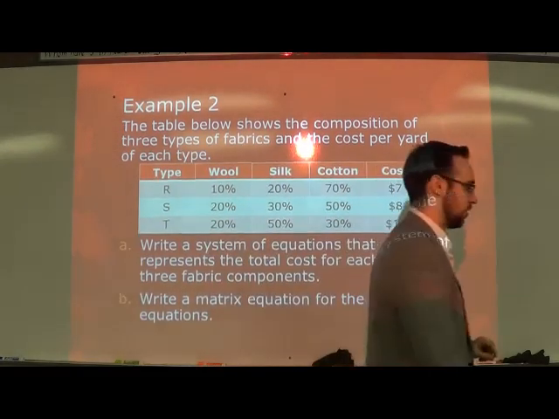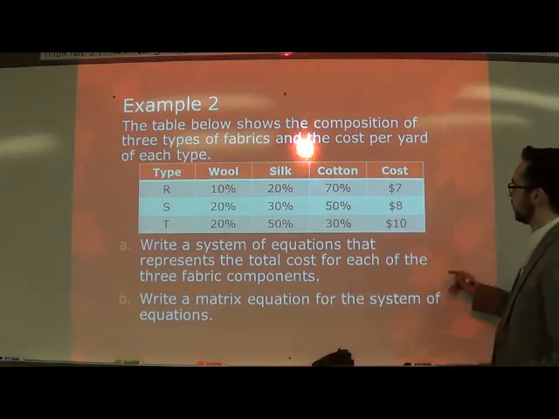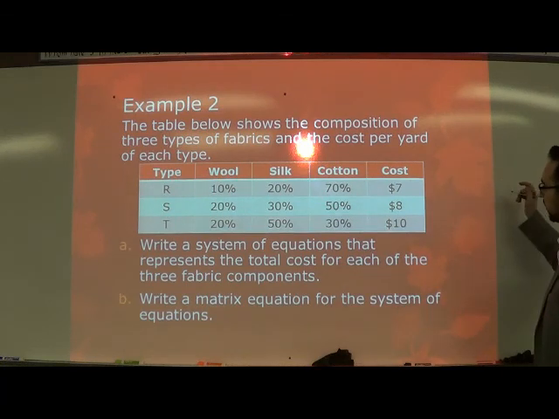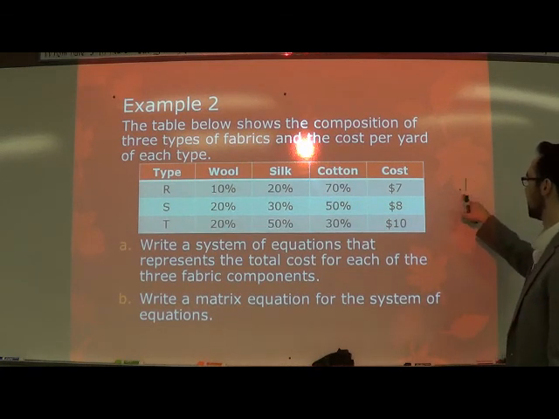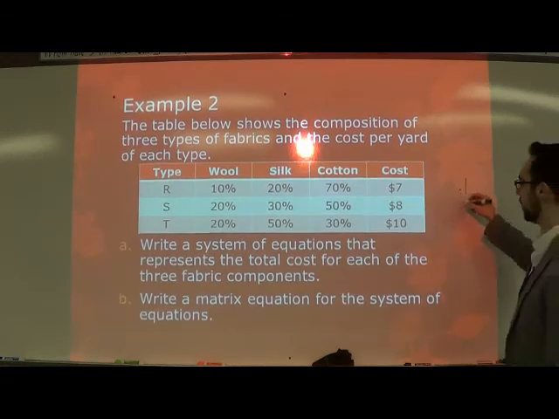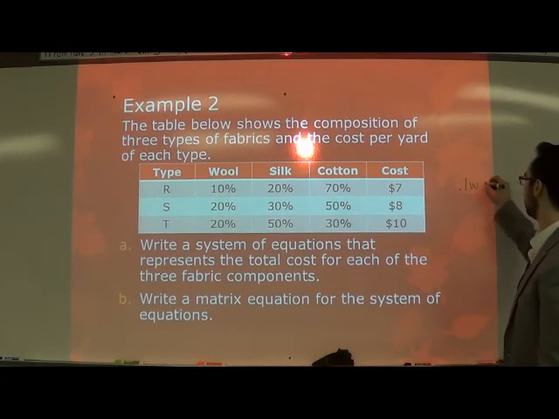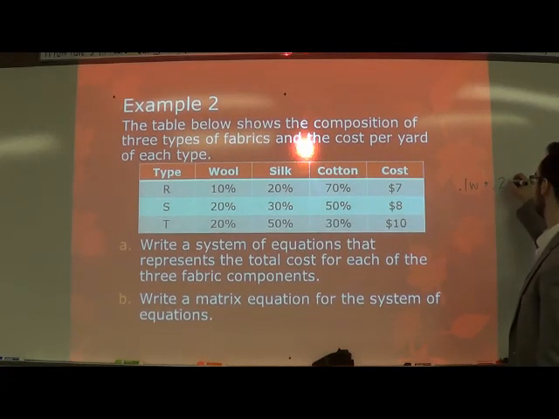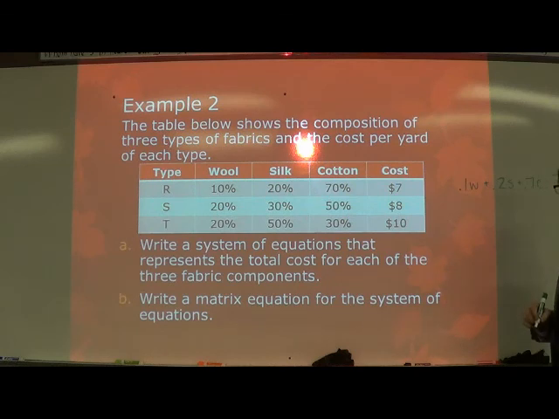So I'm going to go ahead and set that up. So to set this up in a system of equations, we're going to have just the percentages as decimals. So 10% is 0.1 W plus 0.2 S plus 0.7 C is equal to $7.